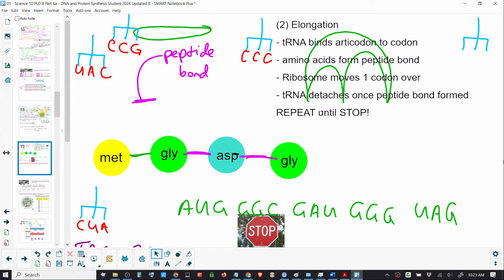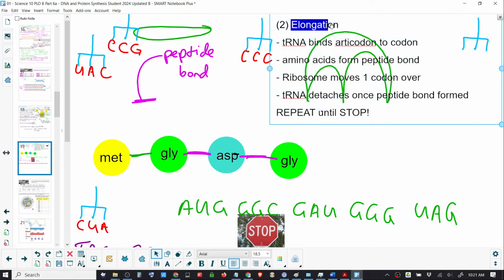Everything floats away when you get to the last one. Yep. And then it's ready to start again. The tRNAs will go pick up amino acids again and get ready for the next one. The ribosome will go looking for another mRNA to read.